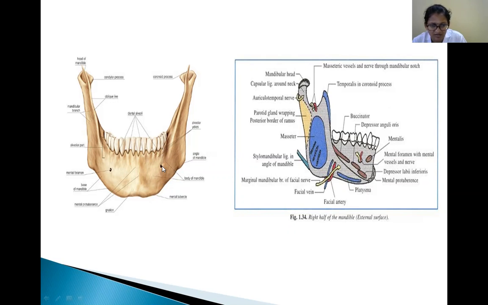This mental foramen transmits the mental nerve and vessels. Okay. And next, this is the oblique line. The oblique line extends from the anterior border of the ramus. See, this is the anterior border of the ramus of the mandible. It continues downwards and forwards.